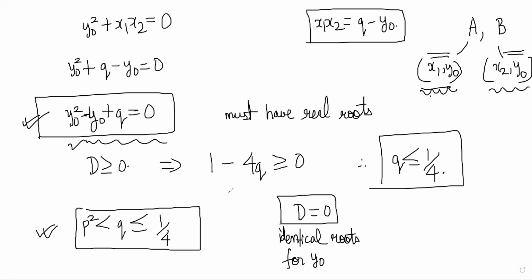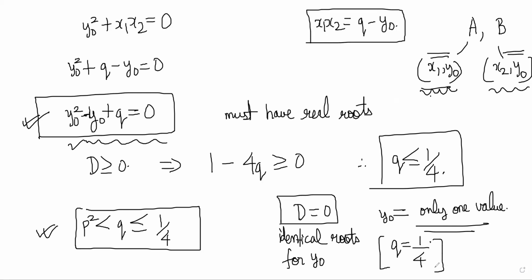But if the discriminant is equal to 0, y0 will have only one value, and that will be a unique situation because if you know y0, you will be able to find x1 and x2, right? So what we will say here now is that the discriminant should be 0, and that means q should be 1 by 4. If q is 1 by 4, we can ensure that A and B have a unique solution, right?